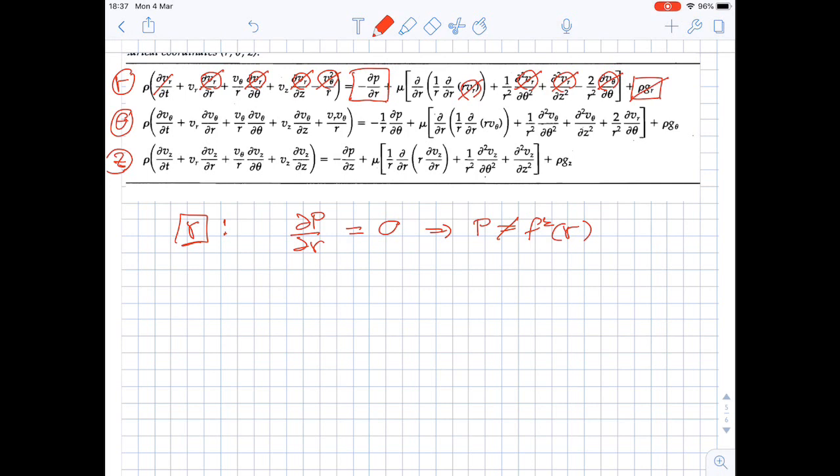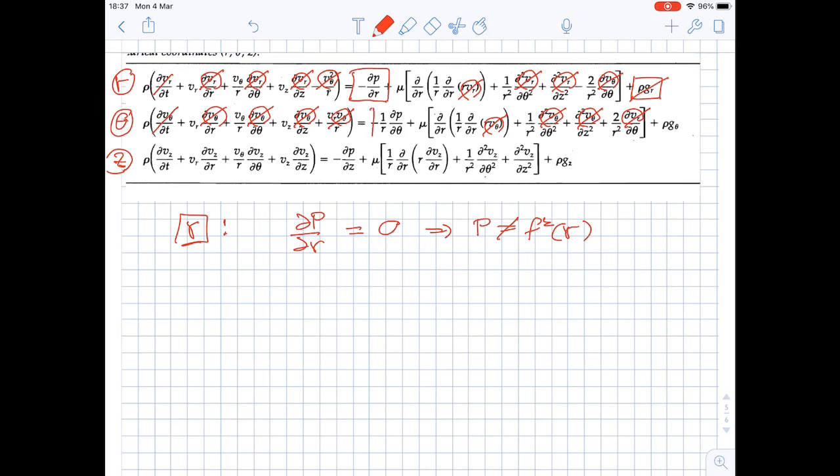For the zeta component, we eliminate all the V zeta terms here, here, here. On the right hand side, all of V zeta will be gone, and we are at 0.